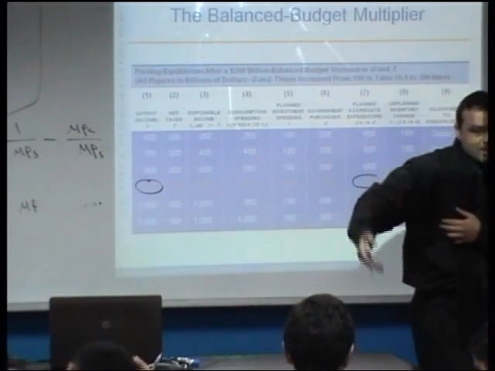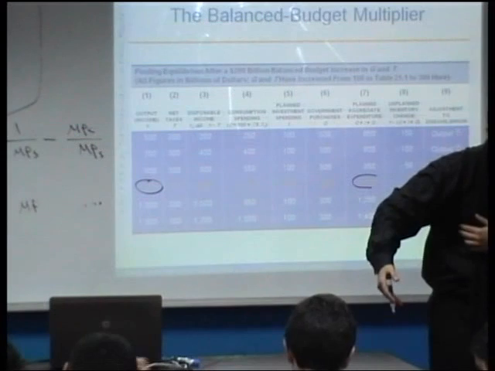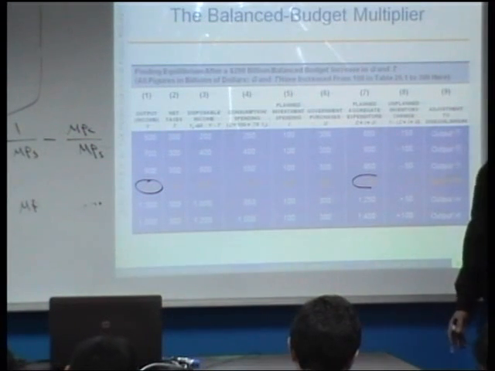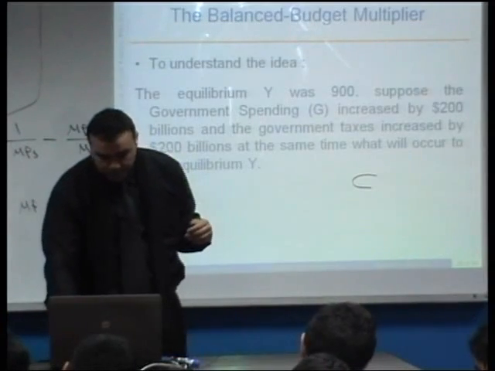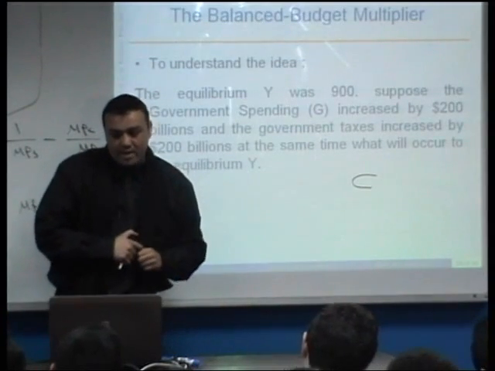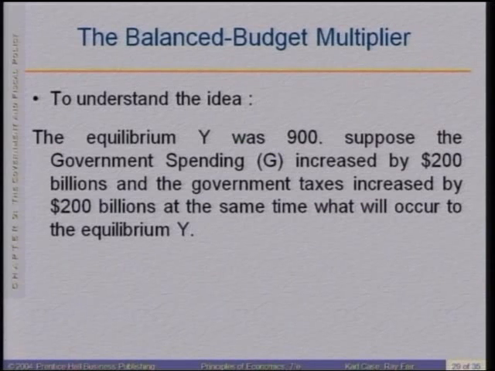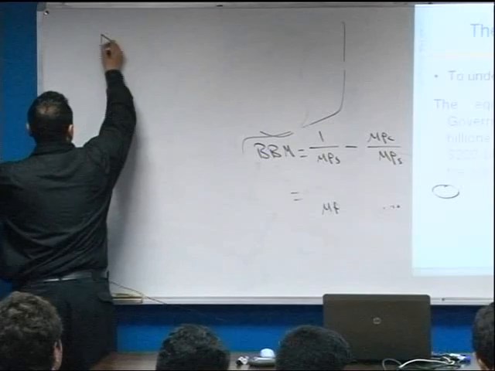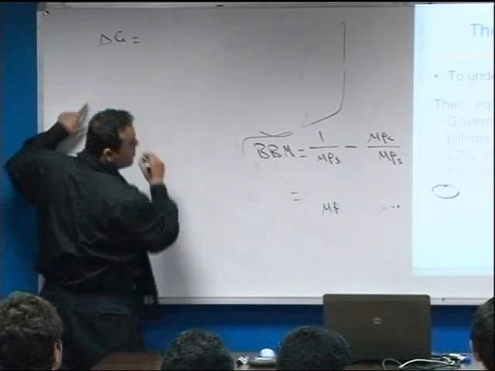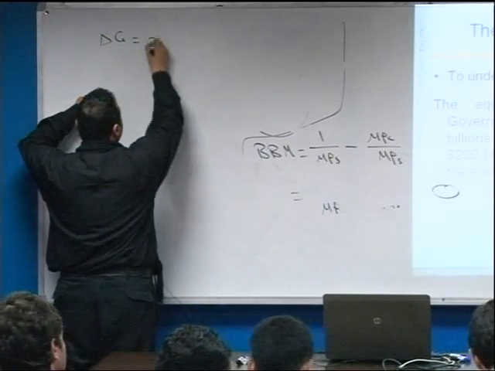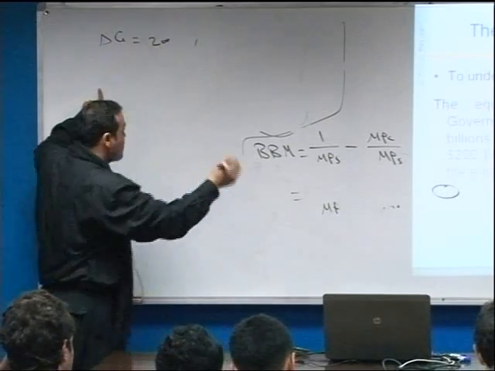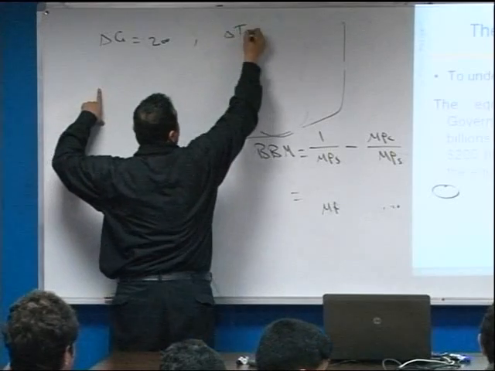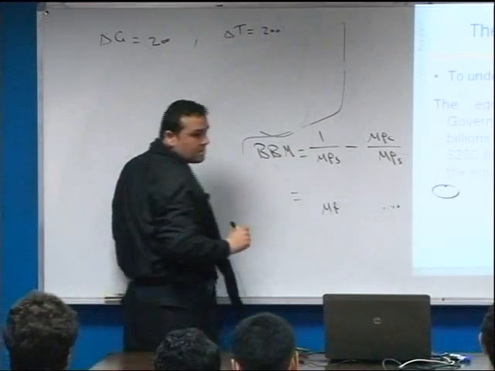We learned this in the previous lecture, right? Okay. Now the question is, suppose the equilibrium Y was $900 million and suppose the government spending increased, delta G equals how much? Increased by how much? $200 million. At the same time, the taxes increased, delta T equals $200 million.